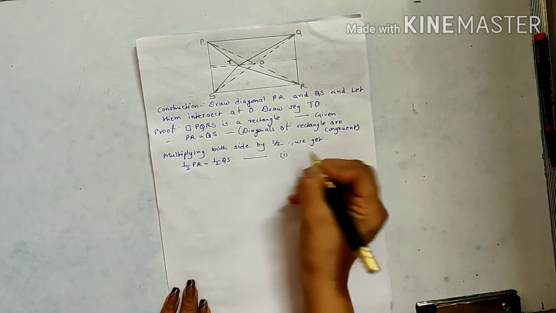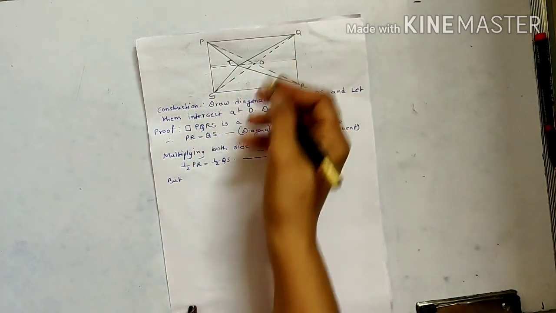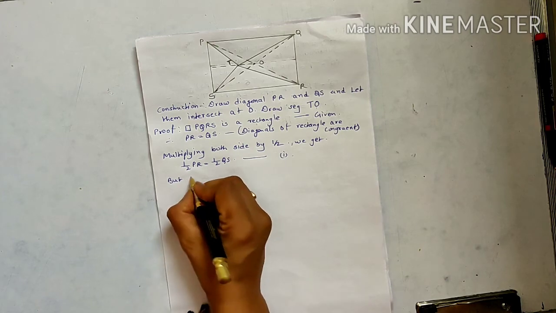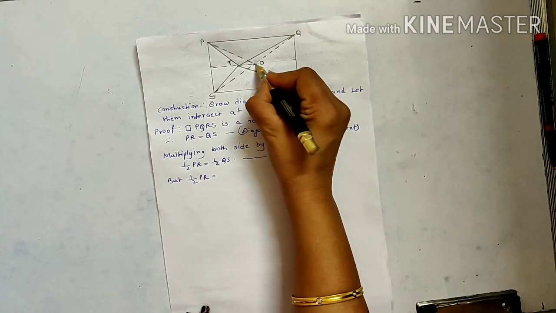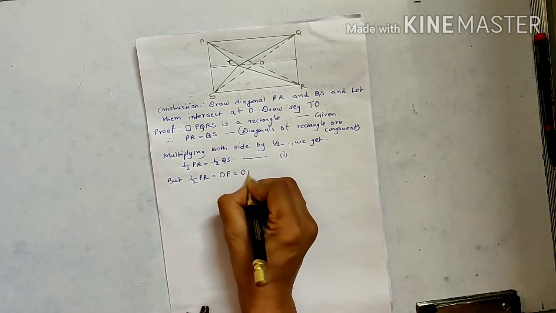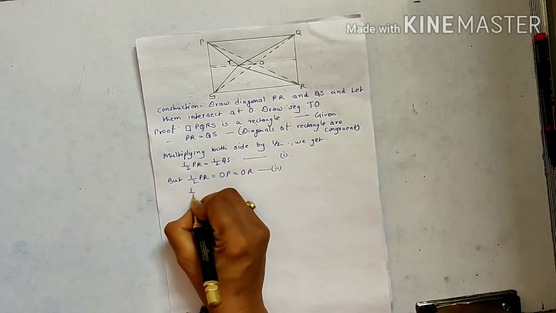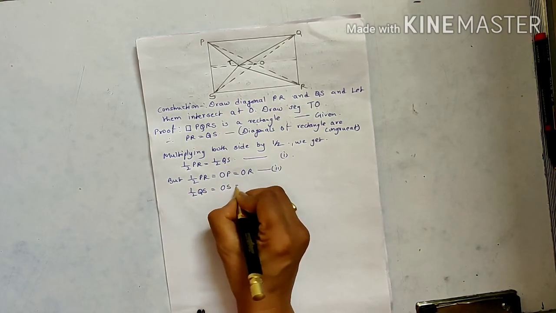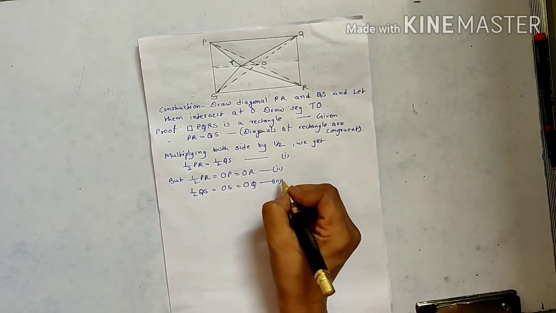Number it as 1. But we know that diagonals of a rectangle bisect each other. Therefore 1/2 PR, here O is the point of intersection, is equal to OP, which is equal to OR. Number it as 2, and 1/2 QS is equal to OS, which is equal to OQ. Number it as 3.